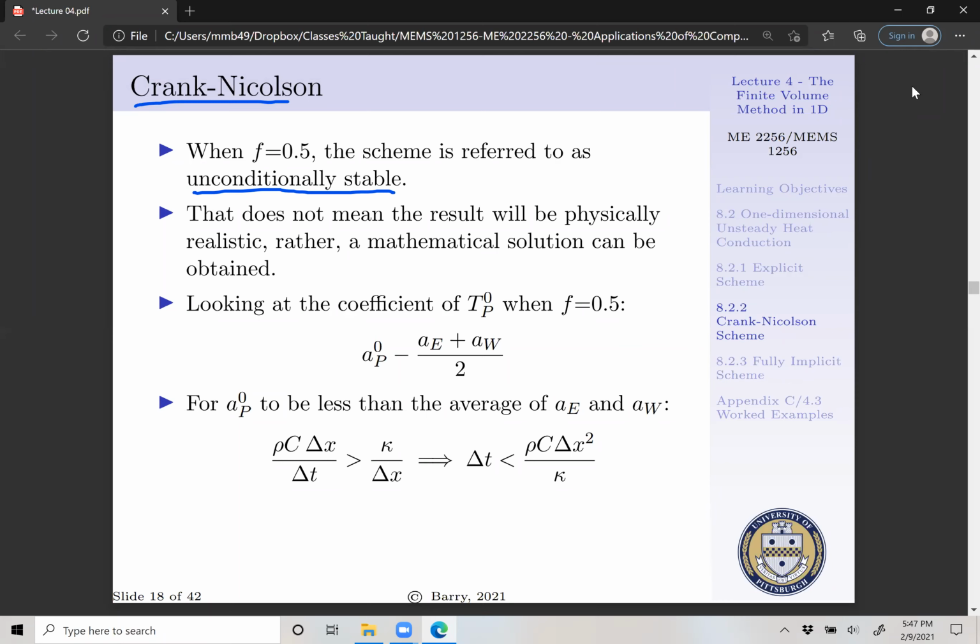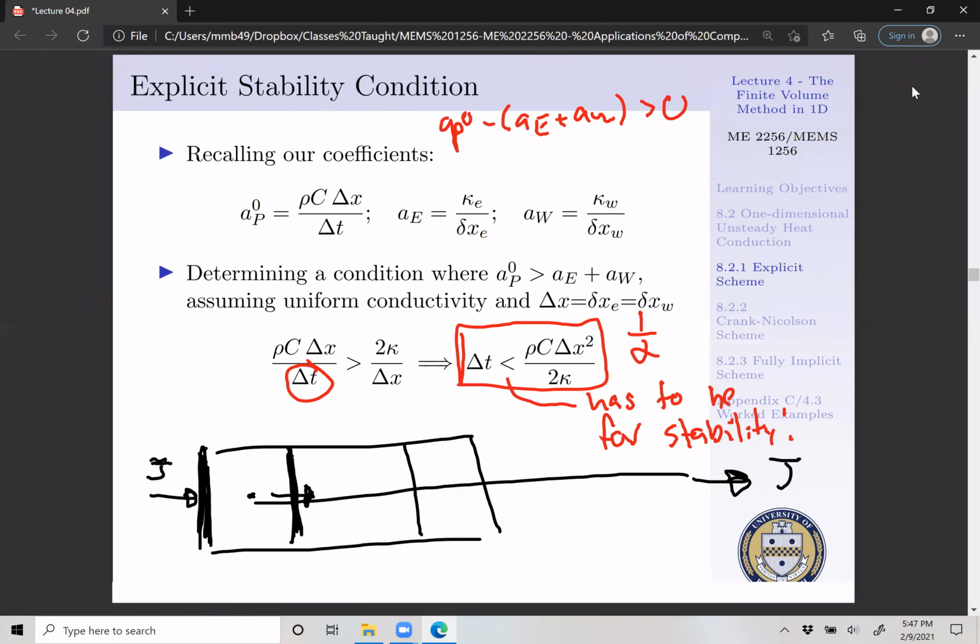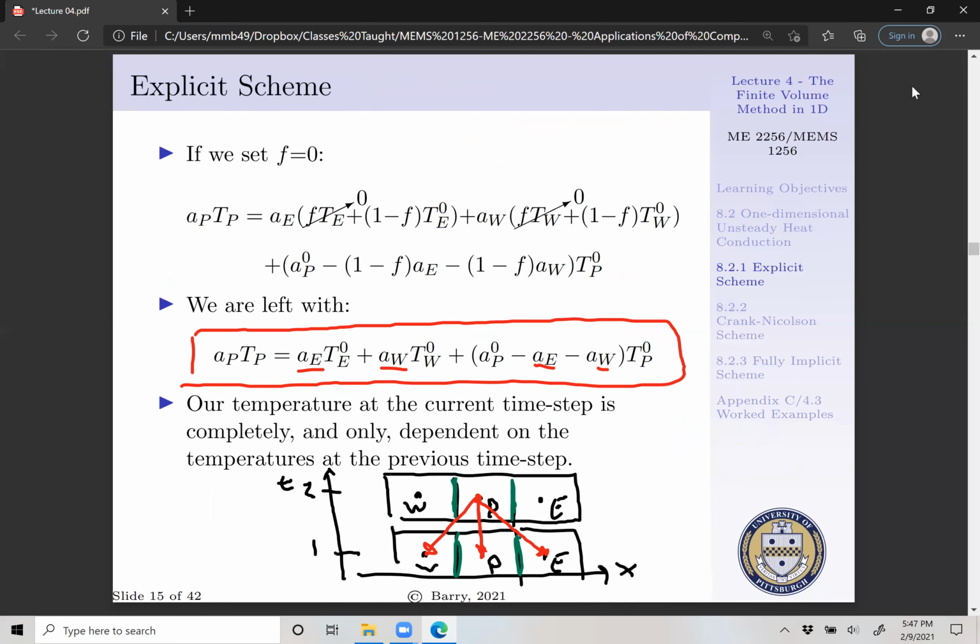So when we look at the Crank-Nicolson, we have to keep this in the back of our minds. When we look at our coefficient, and we set f equal to a half, we're going to have AP naught minus (A east plus A west) divided by 2.